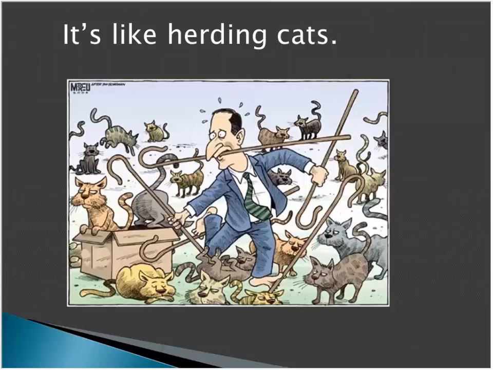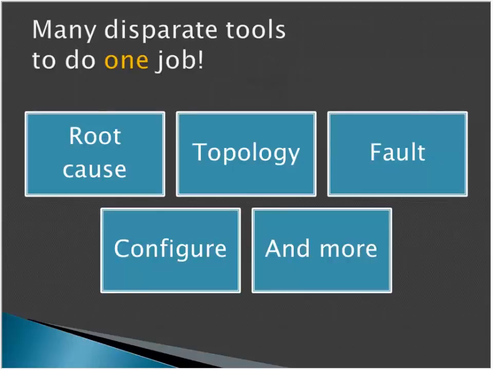We consider that when you're dealing with an environment that is using a multitude, often of disconnected management tools, focusing on individual small topics, such as identifying the root cause of problems, trying to create a topology map of what the network comprises, identifying faults in real time, and looking after aspects of configuration, and maybe monitoring it and maybe pushing out configuration changes, and a whole variety of other topics, including flow monitoring, and even possibly path and route monitoring.